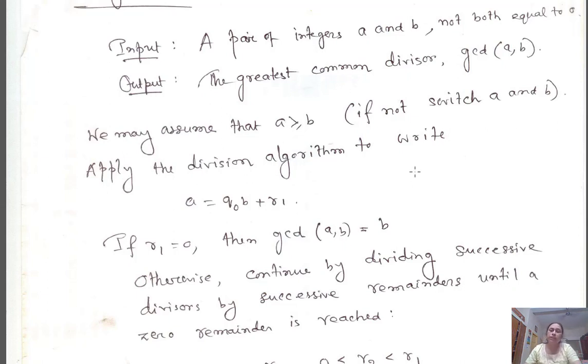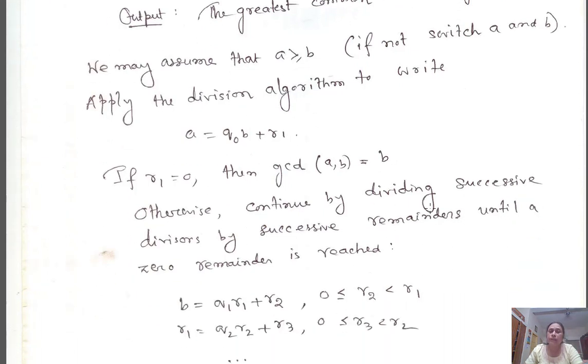So apply the division algorithm to write A equals Q0 B plus R1. When you divide A by B, you say the quotient is Q0 and the remainder is R1. If this remainder R1 is 0, then the GCD of A and B equals B. Otherwise, continue dividing the successive divisors by successive remainders until a 0 remainder is reached.